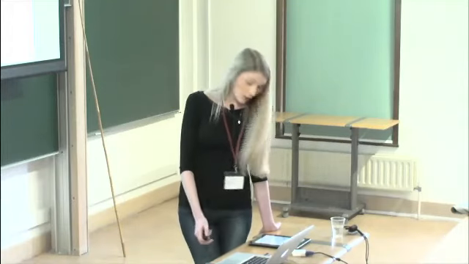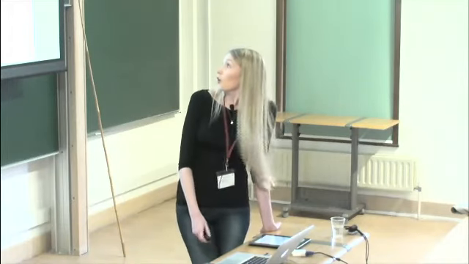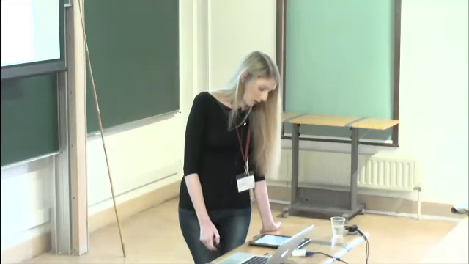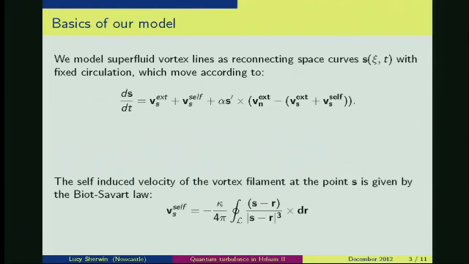The Vs terms relate to the velocity of the superfluid component, while the Vn term relates to the velocity of the normal fluid component. As well, the self-induced velocity of the vortex filament at the point s is given by the Biot-Savart law, and I've written this out in full at the bottom of the slide.